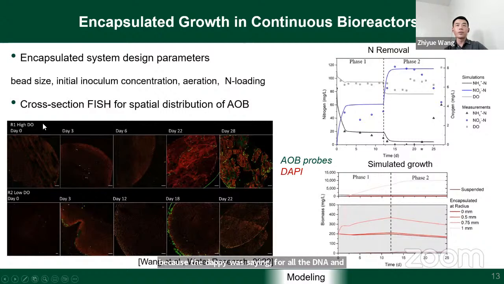That's why we tried out the live-dead stain to show the difference between those, but we didn't measure the EPS concentration inside encapsulated systems.